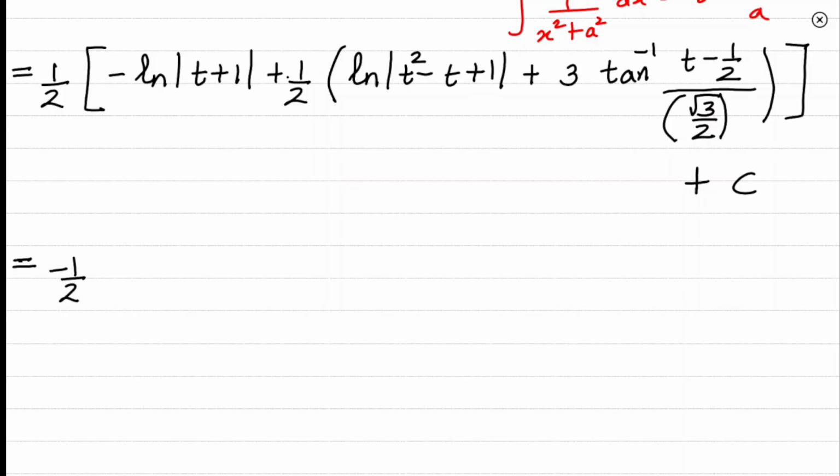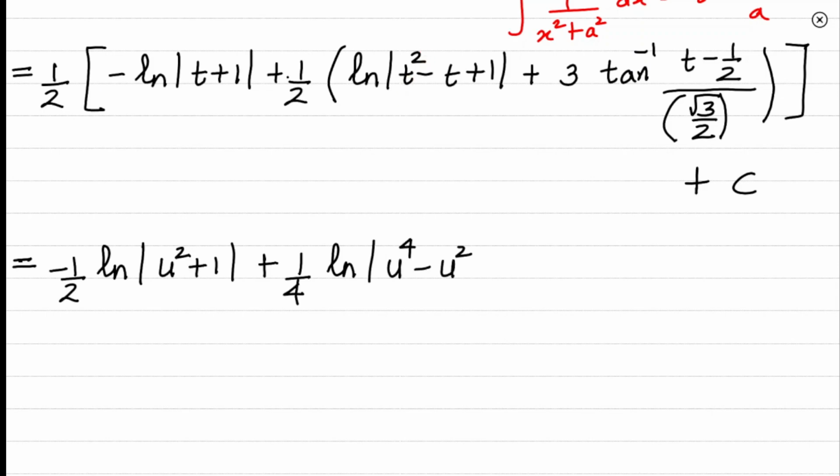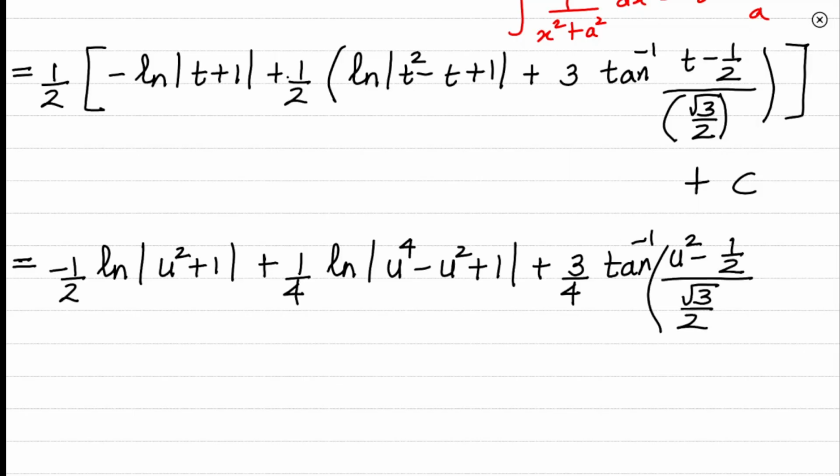So you have minus half ln mod u square plus 1, this half times half is plus 1 by 4 ln mod u to the power 4 minus u square plus 1, and that 1 by 4 will also get multiplied with this 3, so you have plus 3 by 4 tan inverse of u square minus half divided by root 3 by 2, and plus the constant of integration c.